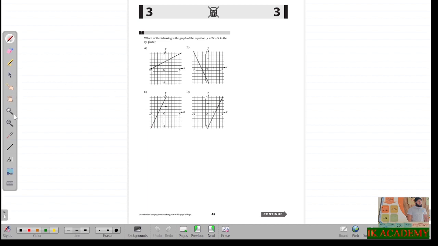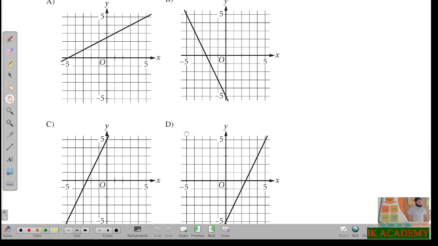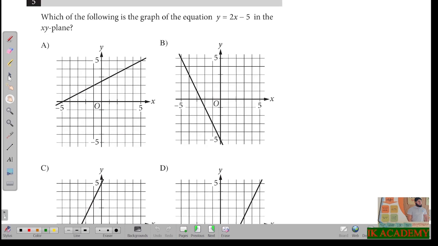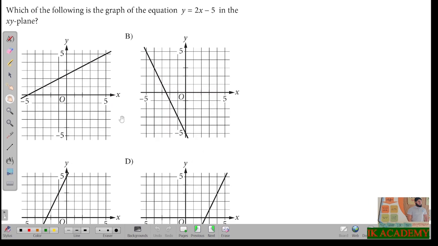Let's move to question number 5, which is quite an interesting question. The question is, which of the following is the graph of the equation y is equal to 2x minus 5 in the xy plane? So here we have A, B, C, D, 4 graphs.